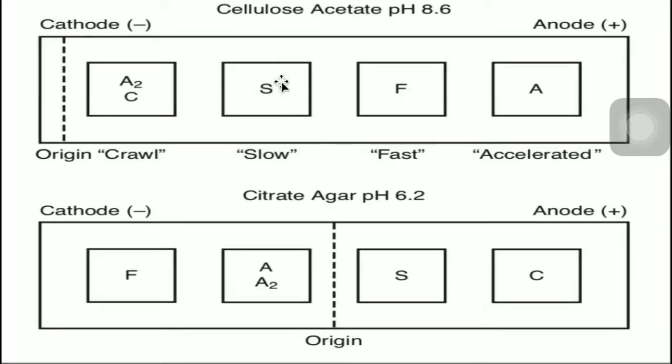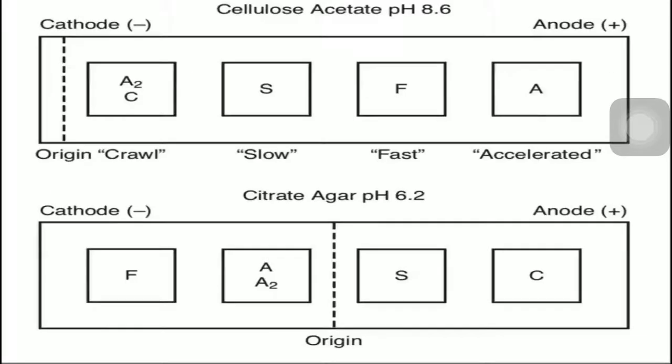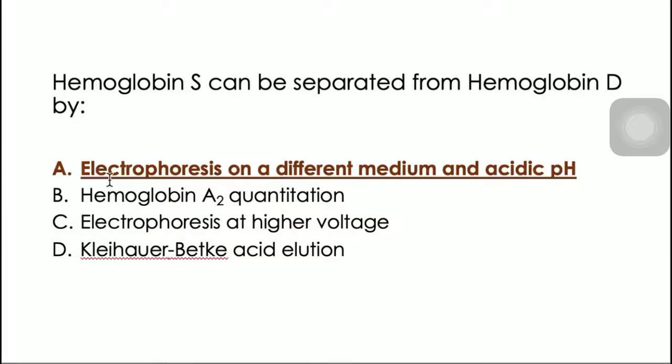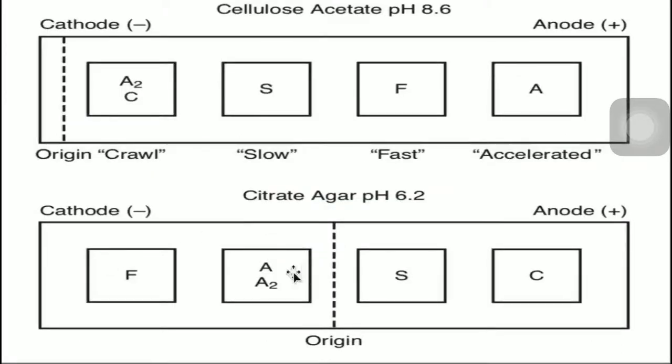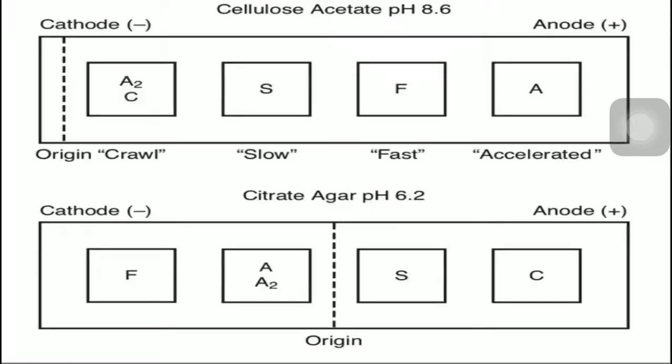S, D, and G. So, para ma-separate daw natin yung S at saka D, we should letter A, electrophoresis on a different medium and acidic pH. Kasi when you check here, yung ODG ay nandito, and then ang S nakahiwalay na siya. So, we can now separate hemoglobin S from hemoglobin D.